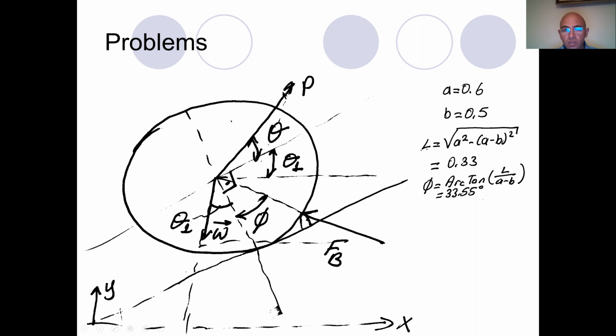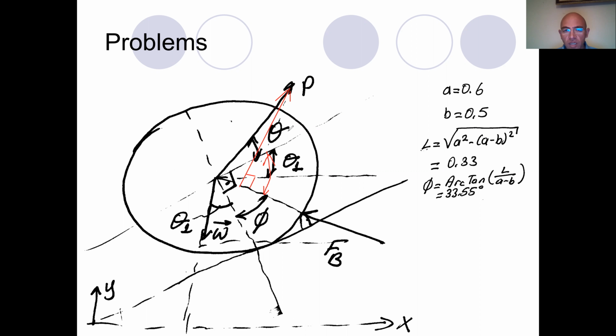Now, next thing is the force P. I will calculate the moment generated by force P. Now, I need to calculate this component. So this is perpendicular. Now here, as you see, this angle is 90 degrees. As a result, this angle is equal to P divided by 2 minus phi.